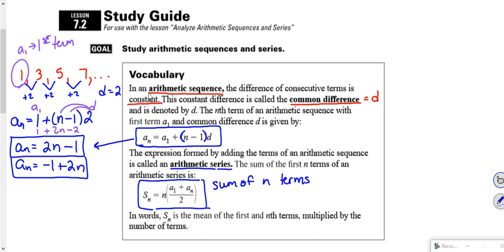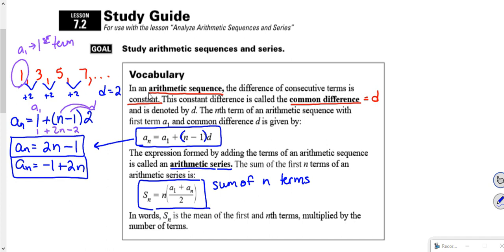If we were trying to add up the first 10 terms of a sequence, we would get this series, and this would be S sub n. So the sum of 10 terms, if my n was 10, equals 10 times the first term plus the 10th term, divided by 2.